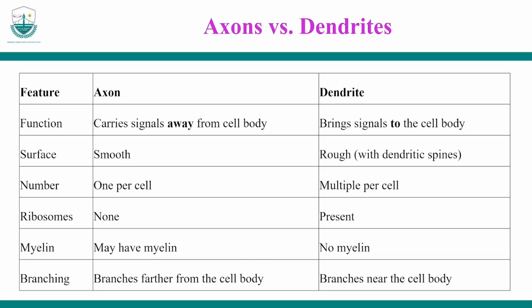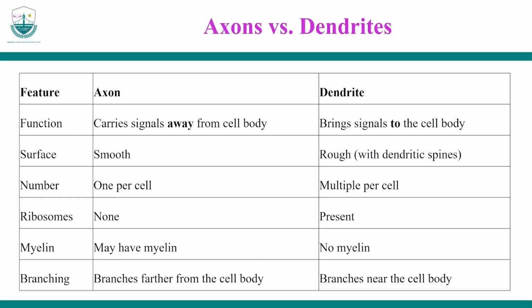The axon is smooth, whereas the dendrites are rough, we have what we call dendritic spines. And then the axon, usually one per cell, whereas the dendrites, you can have several of them. Ribosomes cannot be found in the axons, but in the dendrites, they are present.